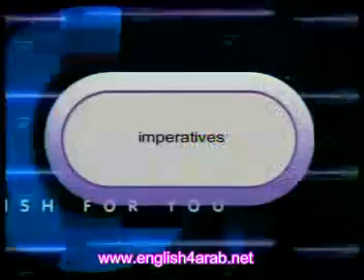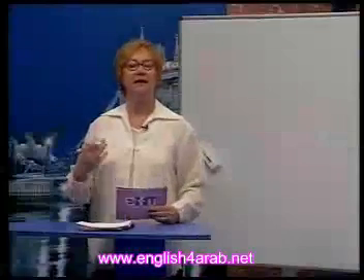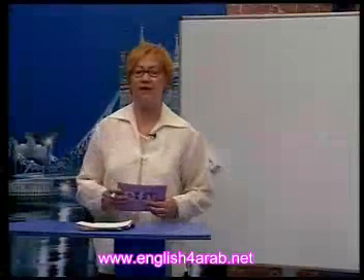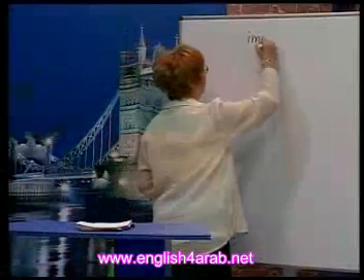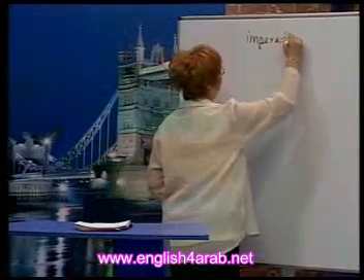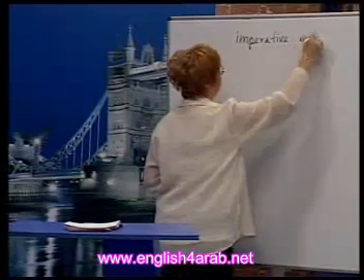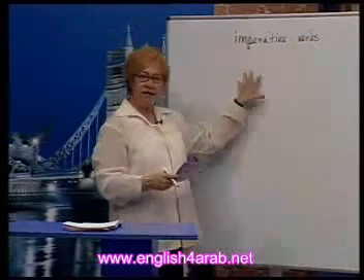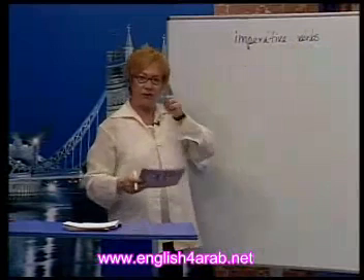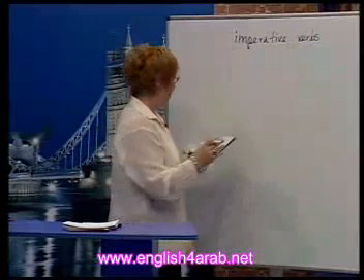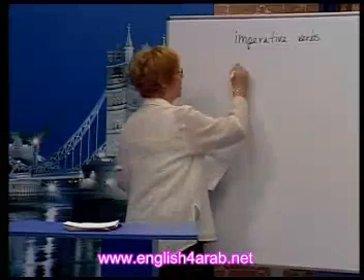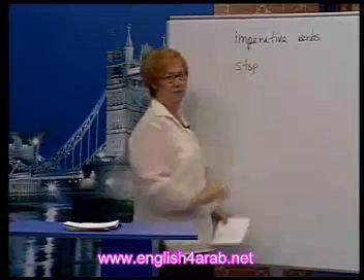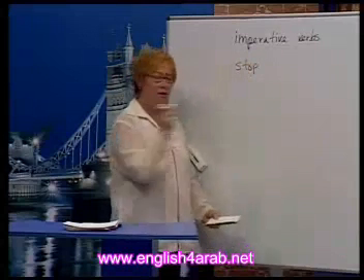Imperatives. Let's talk about a different kind of verbs. These are imperative verbs. Okay? These verbs tell you what to do. Now, we use the simple part of the verb. For example, stop. All right? Only this.